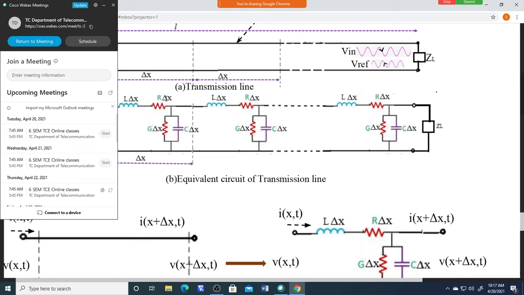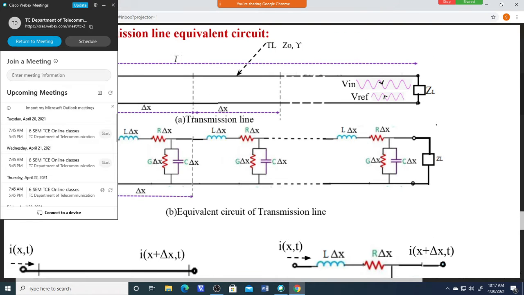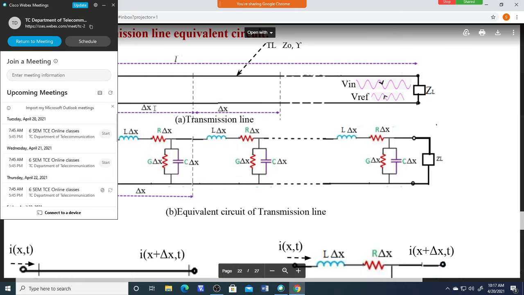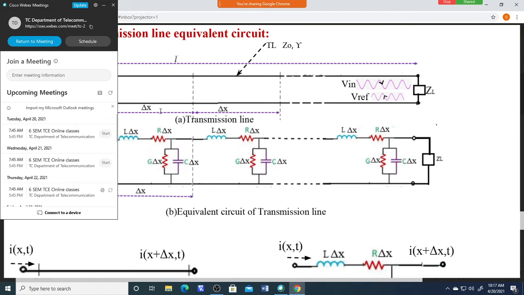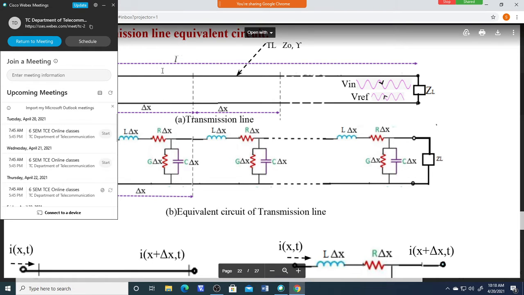Similarly, this R also, and that's why it is R delta x. Whatever delta x we take, it may be 1 centimeter, 2 centimeter, or very small, in the order of mm also. That should be multiplied to get the inductance offered by this particular length.